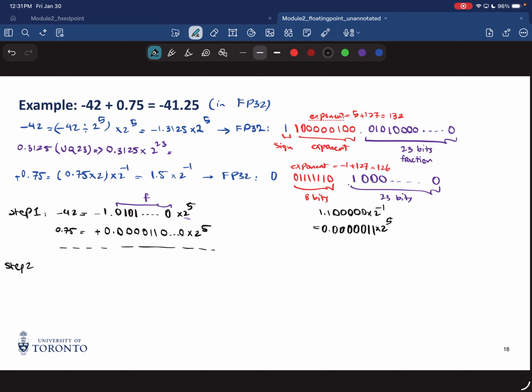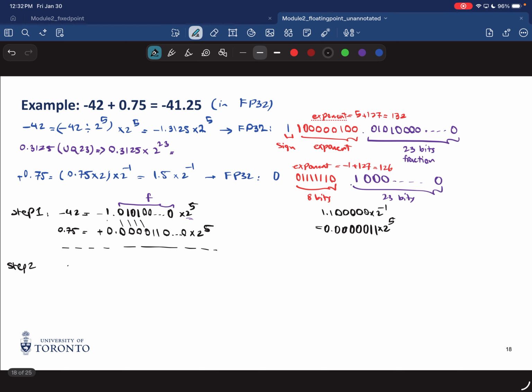So subtracting now, what we're doing is we are subtracting this one from this one. 0, 0 should be like this. 0, 0. And that is going to be minus 1.0100.